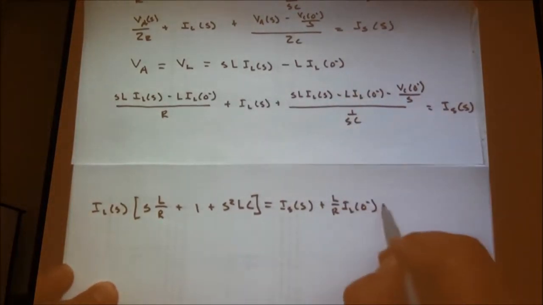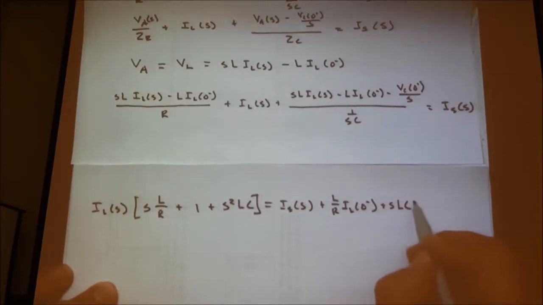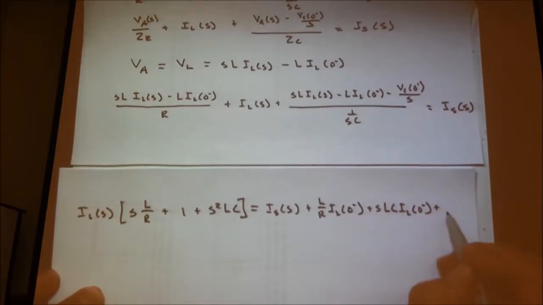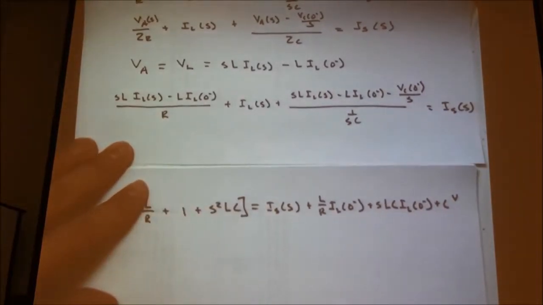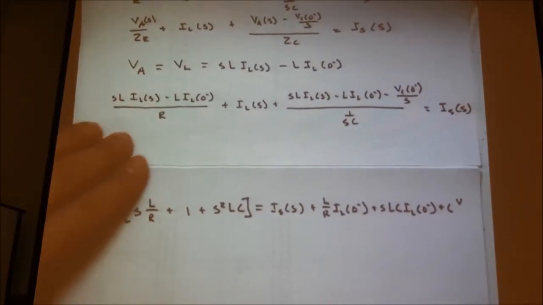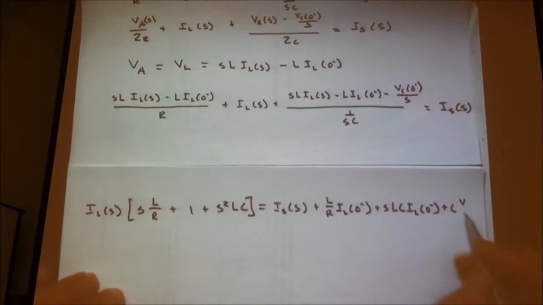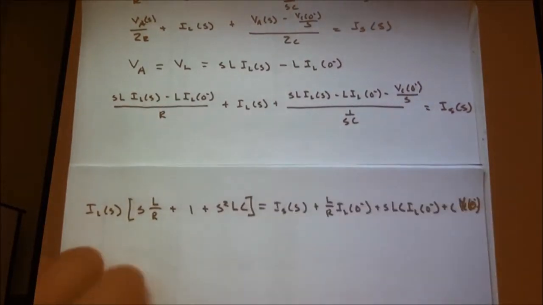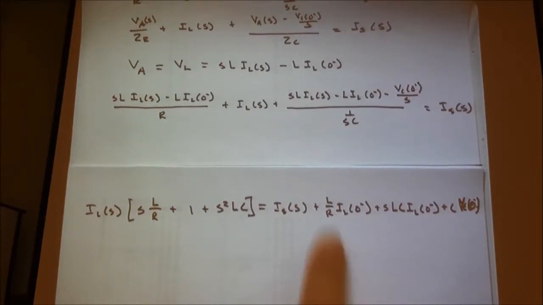There's a source term, plus sLC, I_L(0-). And then squeeze this in, plus C V_C(0-), and our s cancels. So there's our expression. Nice and simple. But again, these are all initial condition terms.